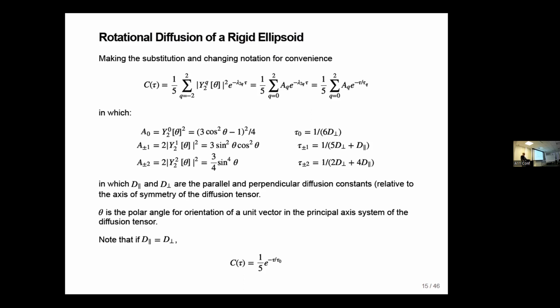And Christina Redfield has a paper many years ago showing that the data is good enough to see this effect. But most of the programs for analyzing N15 relaxation don't really take this into account. So there's room for improvement on the software side.